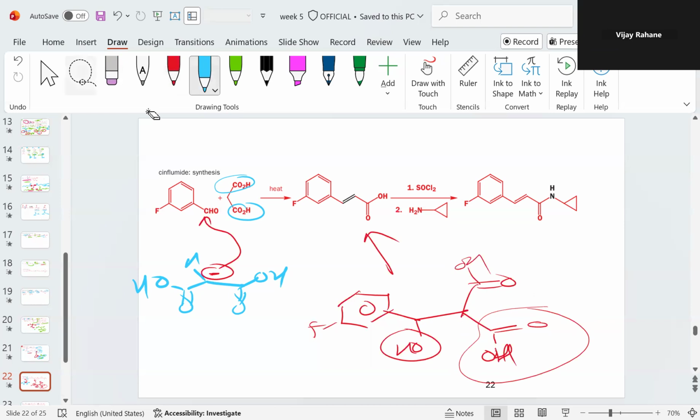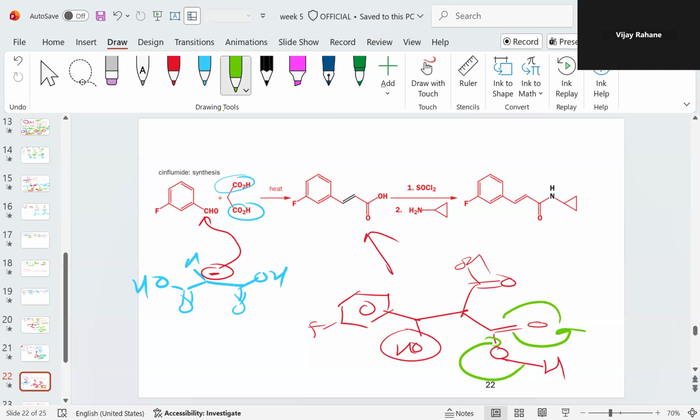So how is this eliminated? If you look at the reaction mechanism for this elimination reaction, this O and this H, I will just show the arrow pushing. So this goes here. Once this goes here, this can go up and further come down, and this bond goes here.